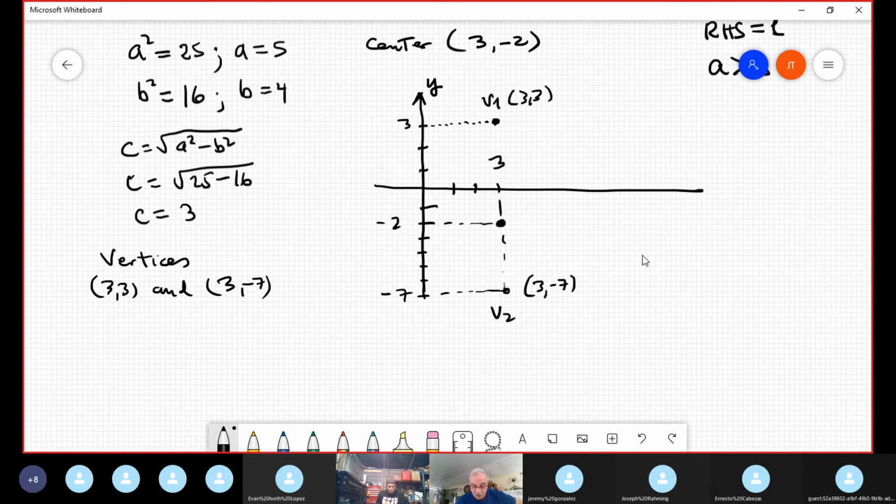Okay. What about the endpoint of the minor? Remember, B is 4, no? 4. Entonces, from this point, I move 4 to the right and to the left. Entonces, it's 4, no 5. 5 is in the vertical direction, 4 in the horizontal because B is 4.